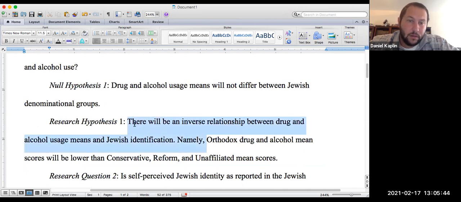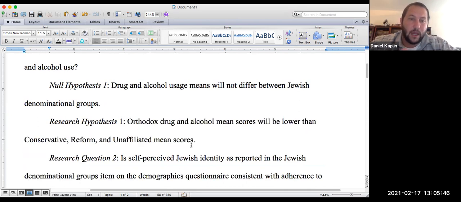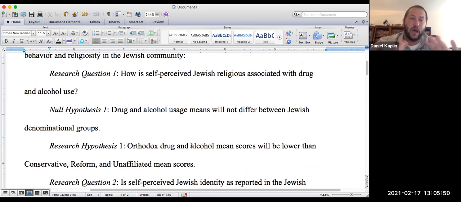And you could shrink the null hypothesis and alternative hypothesis, to make it shorter, so you don't have to have filler. So I stated the question. The null hypothesis is drug and alcohol usage mean scores will not differ between Jewish denominational groups.